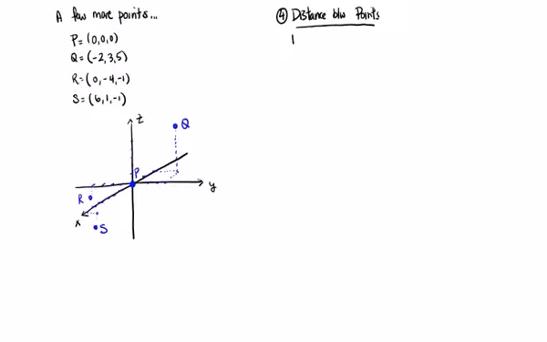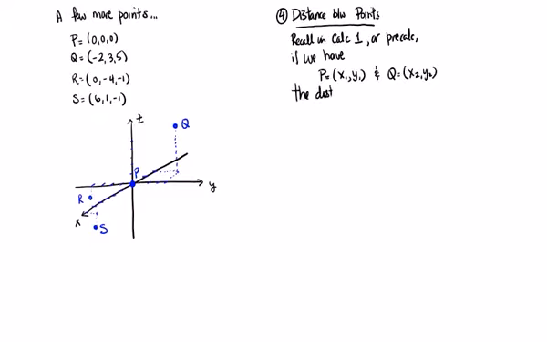So if you recall, in Calc 2 or Calc 1, or really in pre-Calc, we have 2 points. This is in 2 dimensions. Let's say P equals x1, y1, and we have Q equals x2, y2. The distance between them.